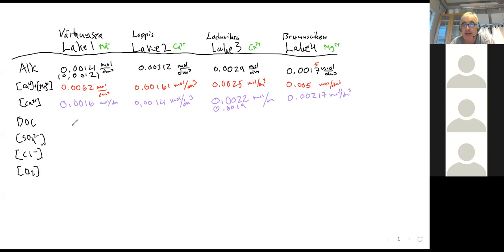We can continue to fill in this table. Any values for the DOC or anything else here? Yeah, we had a value for the DOC. We got it to 0.7 times 10 to the power of -5 moles, moles per liter or something like that.